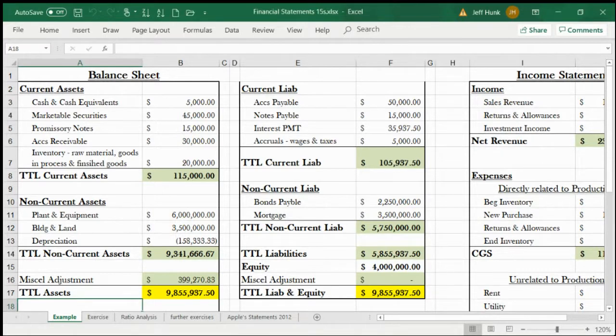We've been discussing the balance sheet since last class. And in our last session, we ended our session with a discussion of promissory notes and accounts receivable.